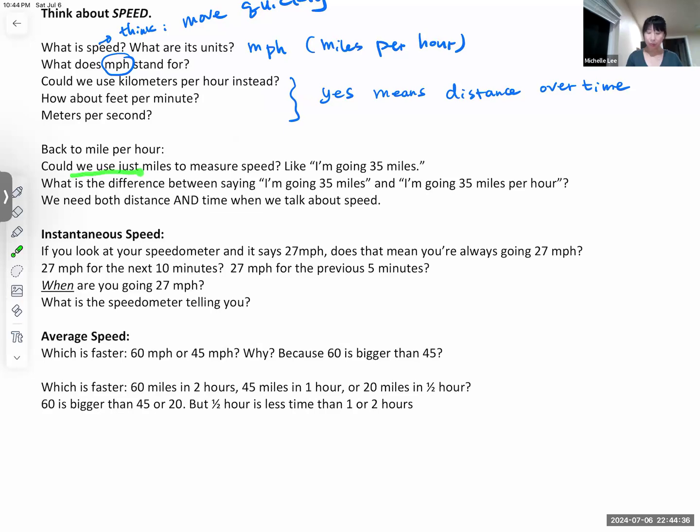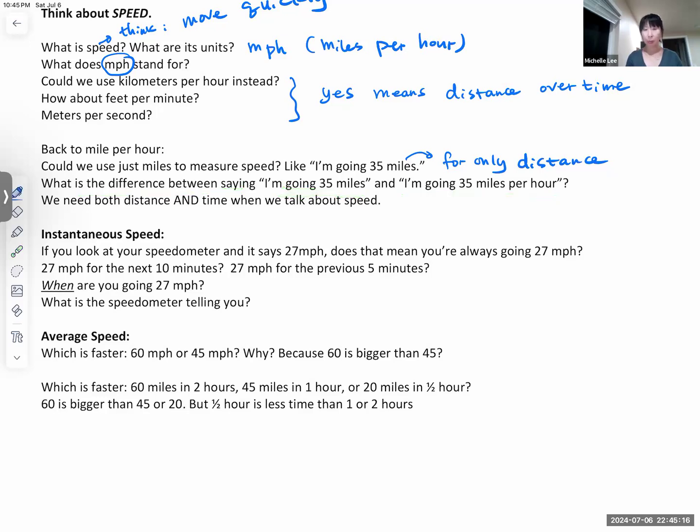Could we use just miles to measure speed? Like "I am going 35 miles." What do you think? This is only distance. When we talk about speed, it must be per time, distance over time. What is the difference between saying "I'm going 35 miles" and "I'm going 35 miles per hour"?